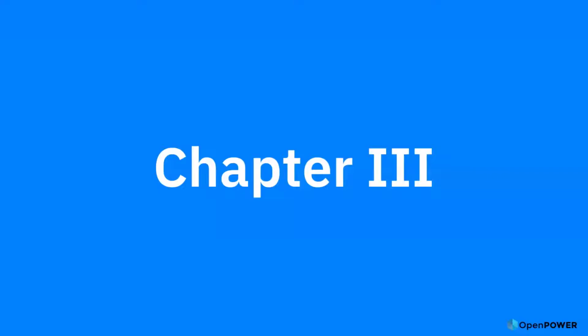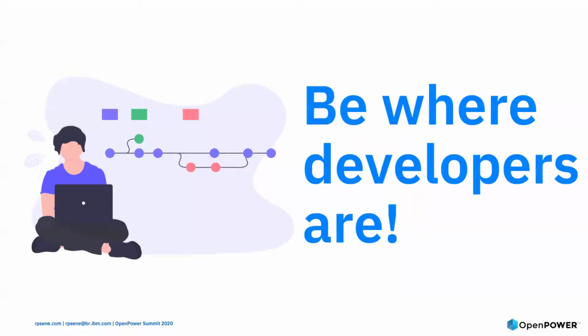This leads us to chapter 3, which is that we need to be where developers are. This is important because we are in a period where CI/CD is one of the most critical parts of development, especially in the DevOps world. We need to be able to write code, test, and deploy quickly.